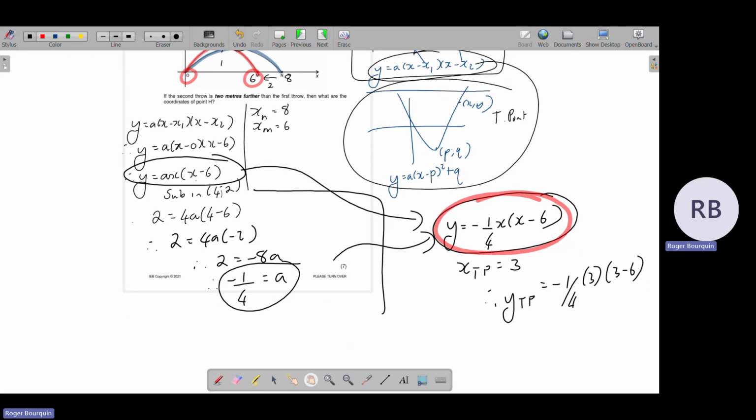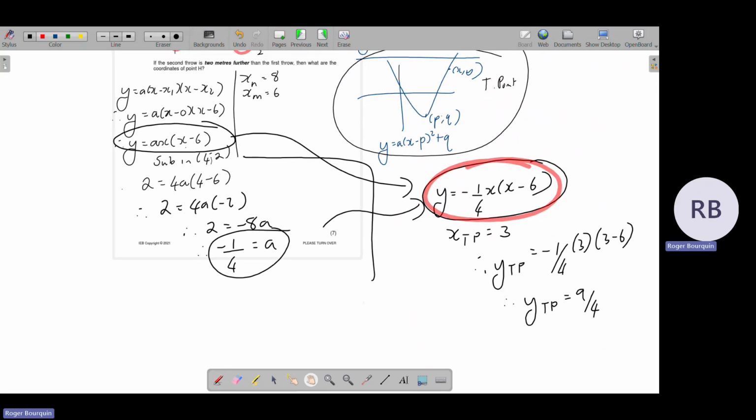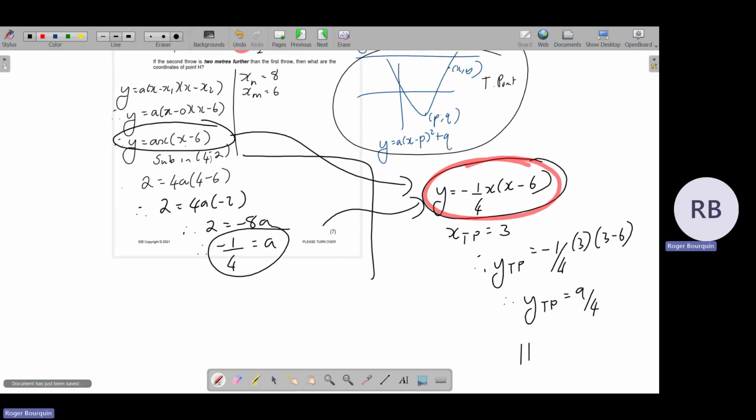Stick that into your calculator. What do you get? Negative 9 over 4. No, positive 9 over 4. So the y coordinate of the turning point is 9/4. Always make sure you've answered the question. What was the question? What are the coordinates of h? So the coordinates of h are (3, 9/4).